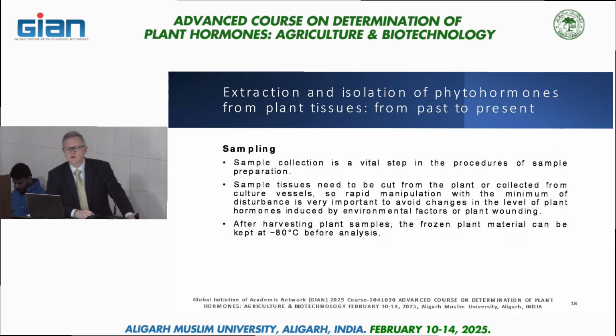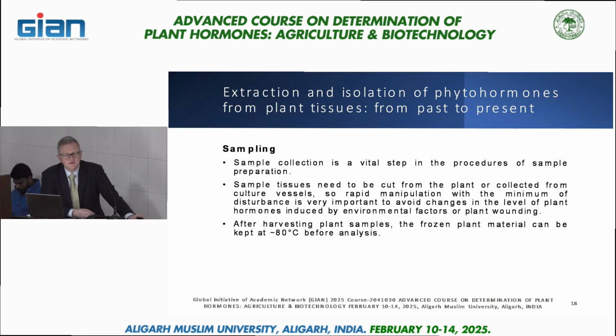The accuracy of phytohormone analysis begins with proper sample collection and storage. It is important since plant hormones are highly dynamic and can rapidly degrade or change in concentration due to environmental factors. Careful handling is essential to maintain these original levels.